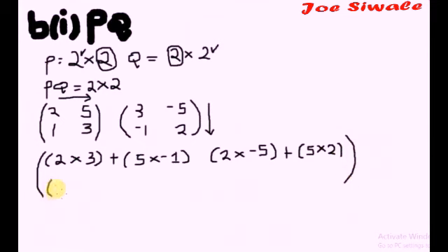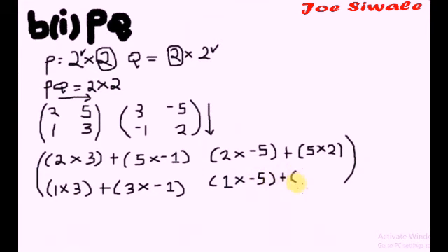Then I'll come to the second row. I'll say 1 multiplied by 3 plus 3 multiplied by −1. Then 1 multiplied by −5 plus 3 multiplied by 2.